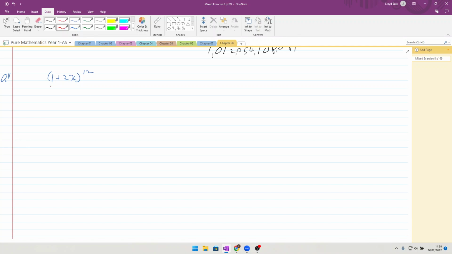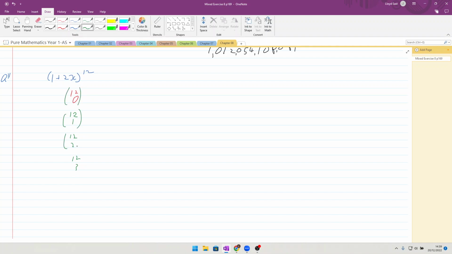So let's just quickly get that out in terms of 12C0, 12C1, 12C2, 12C3. So that's the x squared and x cubed terms there.